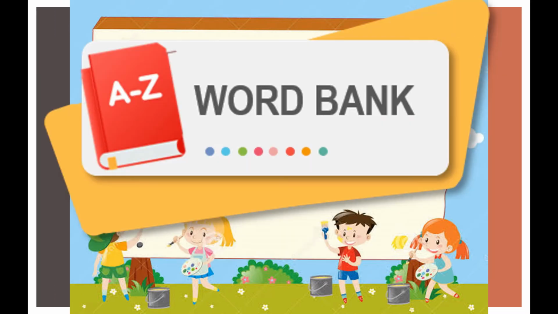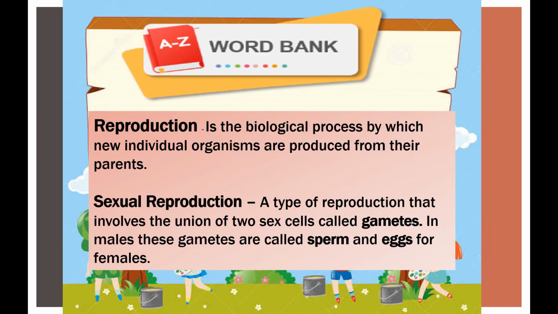For better understanding about the words that you are going to encounter in this lesson, we have the word bank. Reproduction is the biological process by which new individual organisms are produced from their parents.